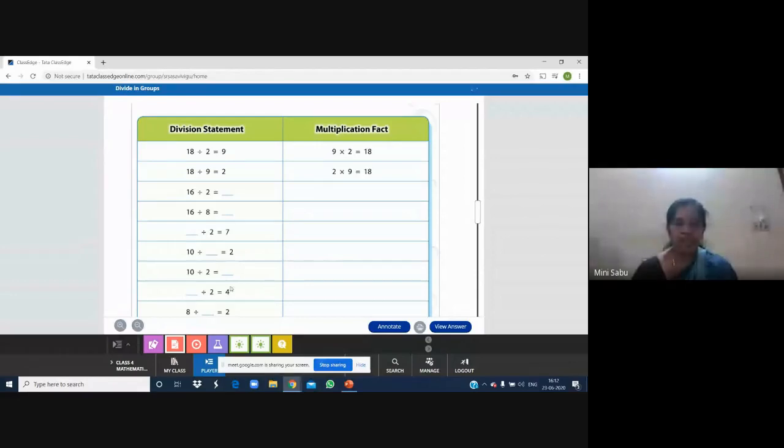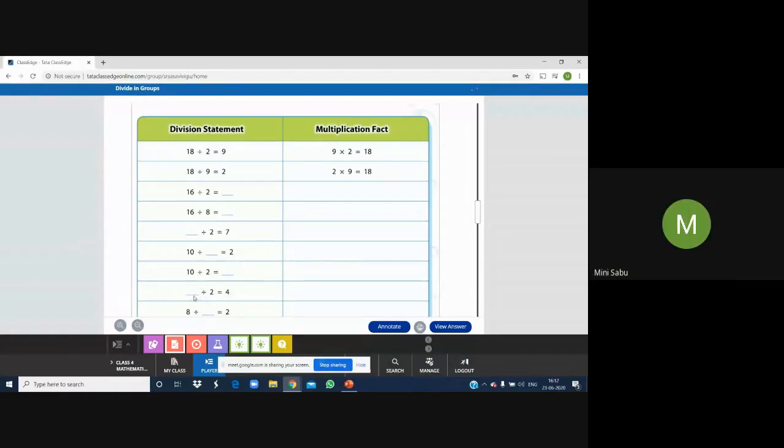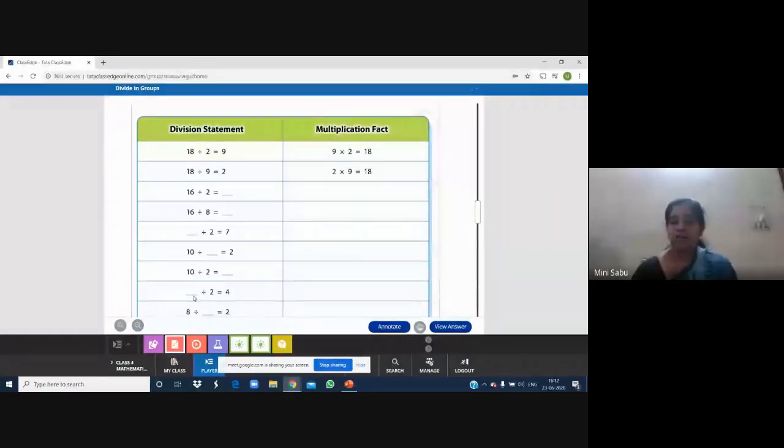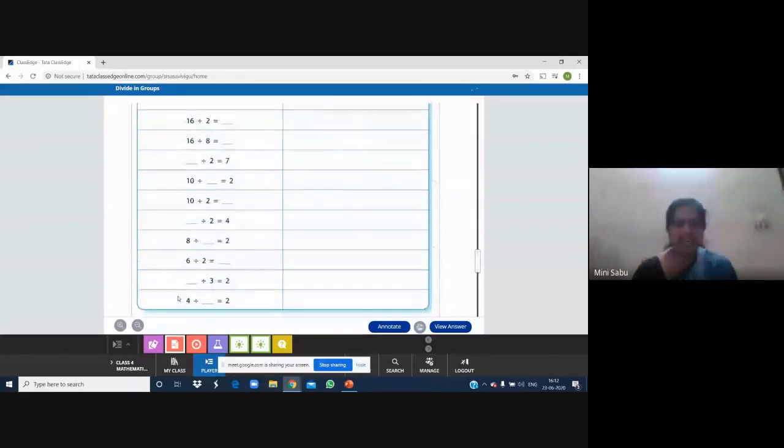Now next question. And here also the first number is unknown. You have to find out. So in such cases, what did I tell you? We have to multiply the given two numbers. 4 2s are 8. Got it, children?